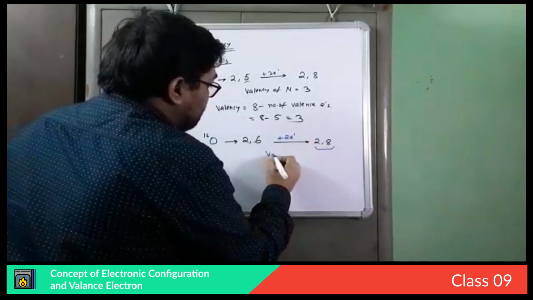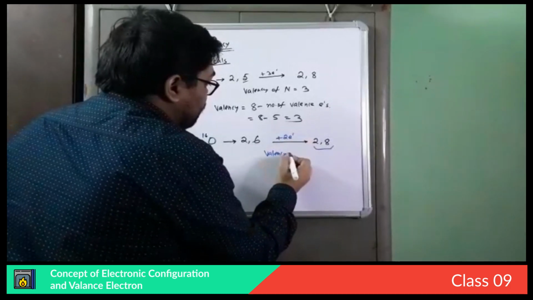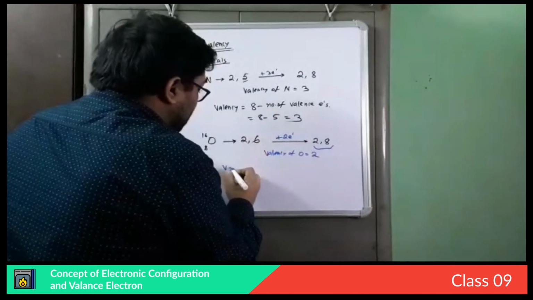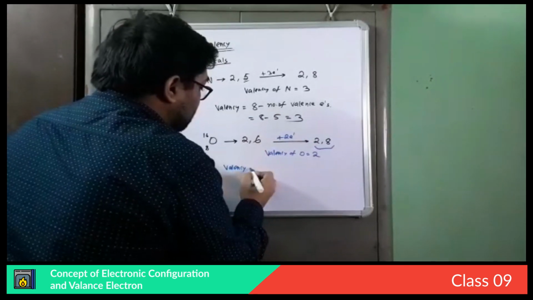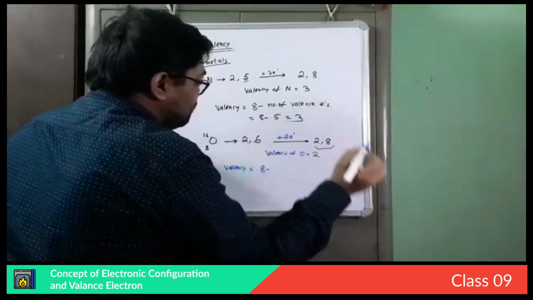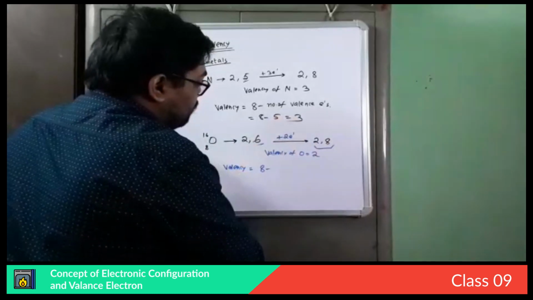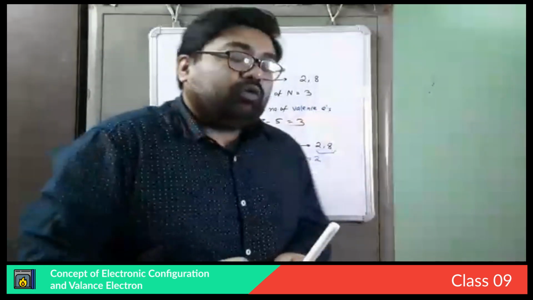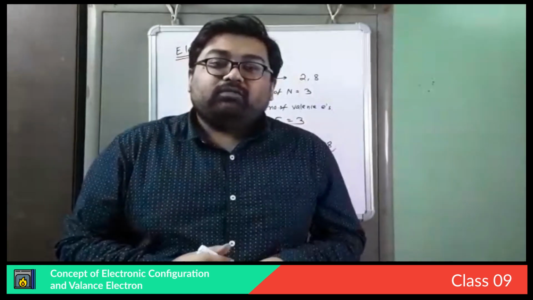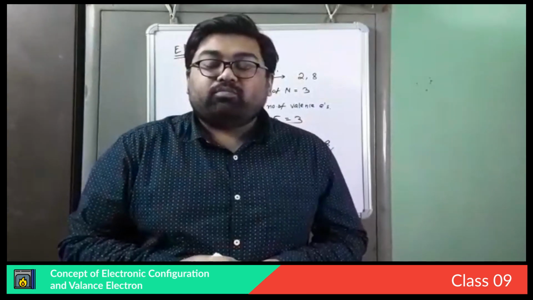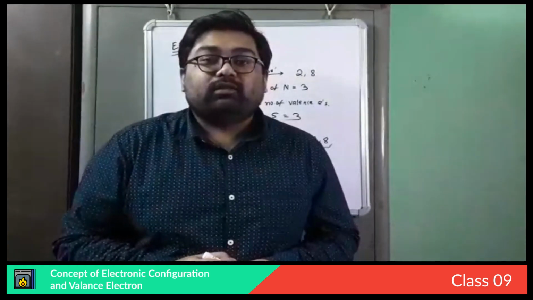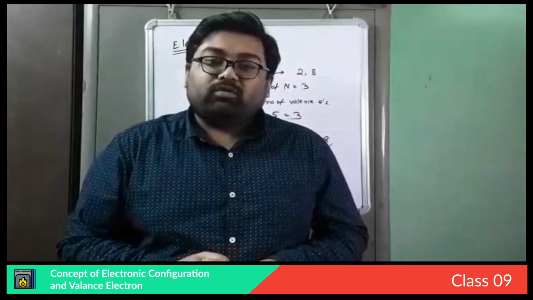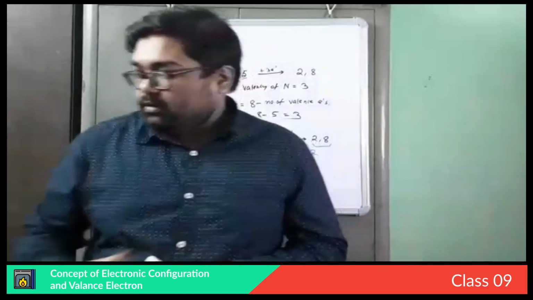So we can say that the valency of oxygen is equal to 2. And we can again find its valency by this relation, valency equals 8 minus the number of valence electrons. For oxygen it is 6, so 8 minus 6 gives you 2. So in this way we can find the valency of different elements. For metals it will be equal to the number of valence electrons, and for non-metals it will be 8 minus the number of valence electrons. Clear?